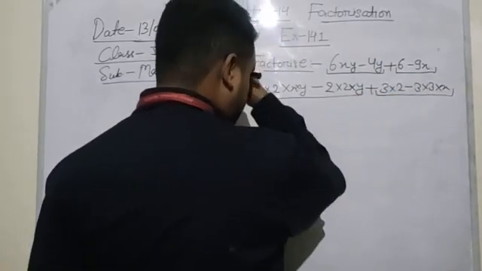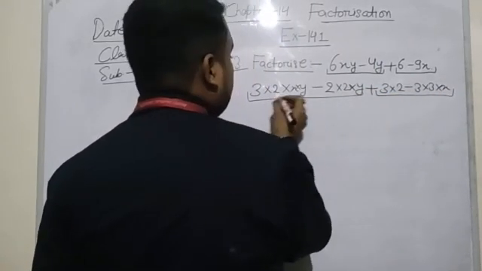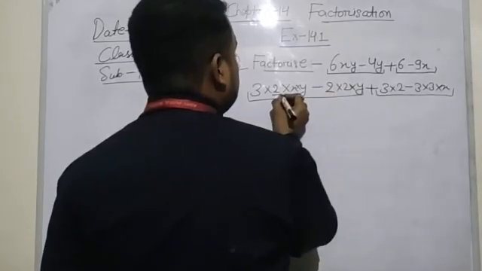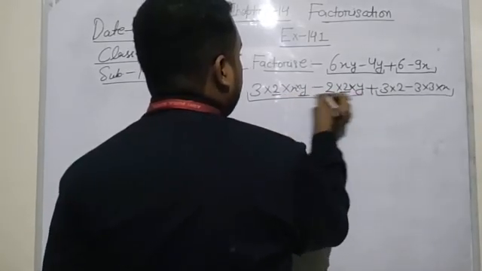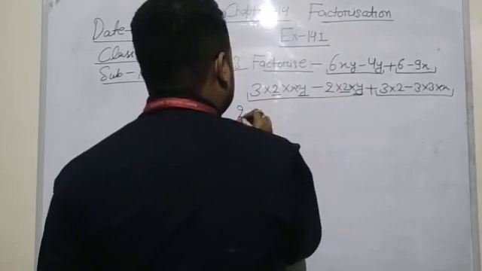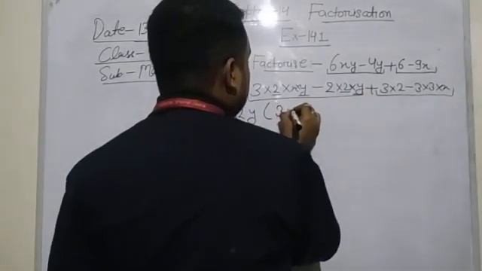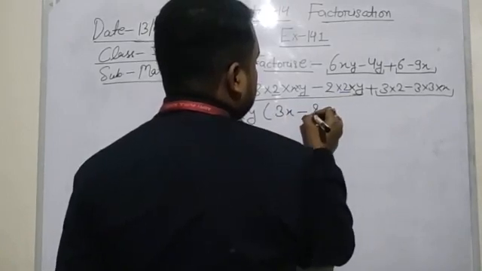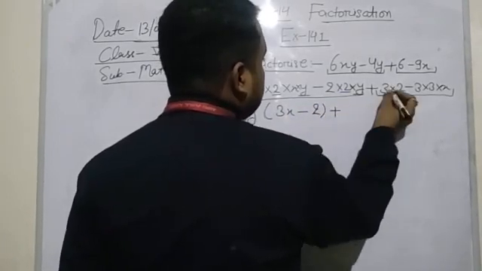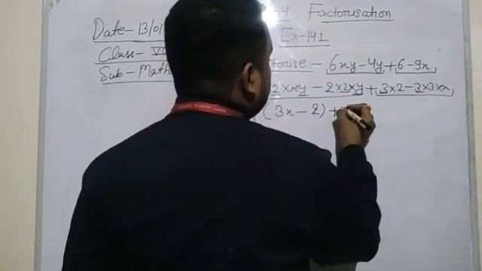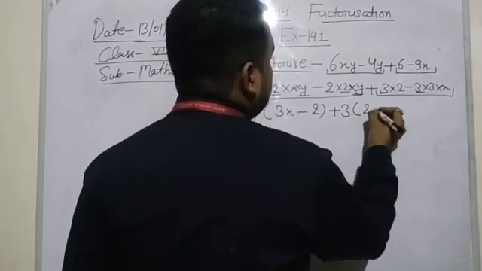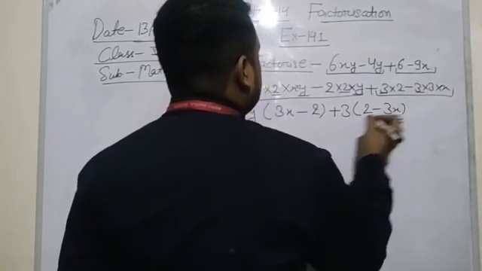So here we can find that 2 and y is the common. So 2y common, then in bracket 3x minus 2, plus, here we can find that 3 is the common number, so 2 minus 3x.